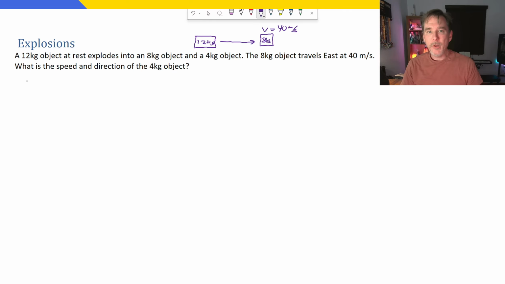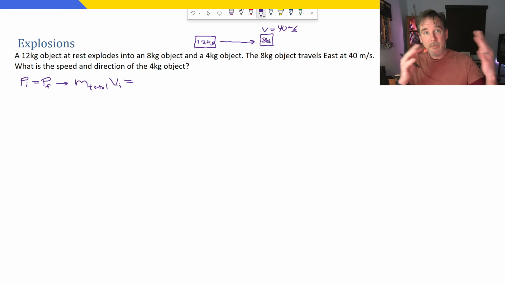Okay, so the way we want to start this is to understand that the momentum initial is equal to the momentum final. The total momentum before the explosion will be equal to the momentum at the end. Initial equals final. And momentum is just mass times velocity. So if we take the total mass, because it's together, 12 kilograms, times the initial velocity, that's going to be our initial momentum.